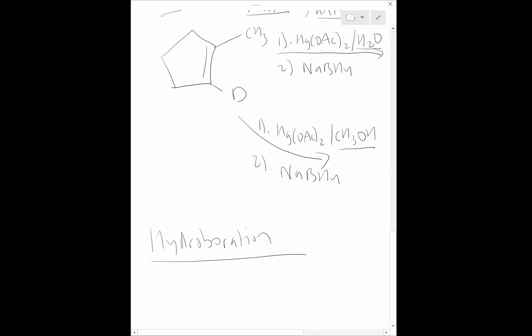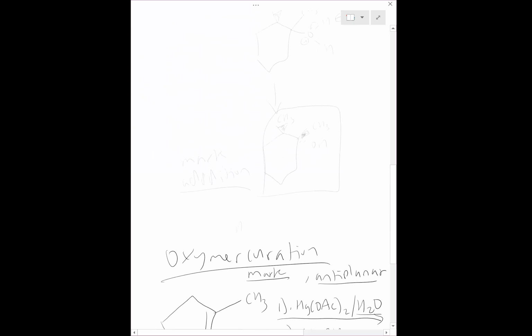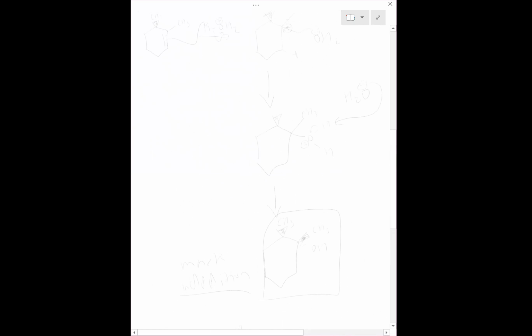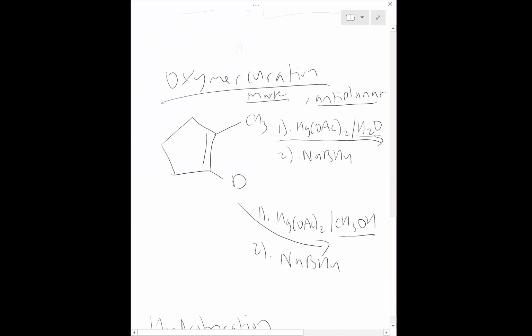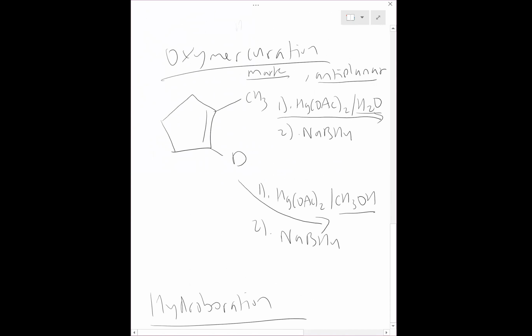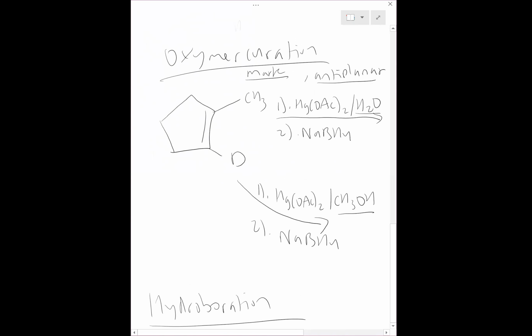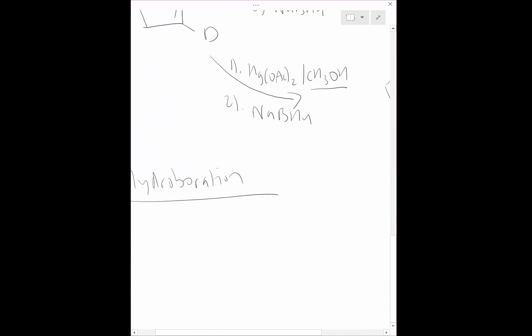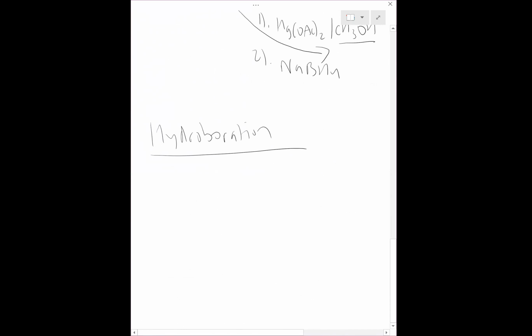So similarly, we learned two reactions that will add OH to the more substituted position, H3O plus and this mercuric acetate, H2O thing, oxymercuration. Now we're going to learn hydroboration, which involves adding OH to the non-Markovnikov position, the less substituted position.